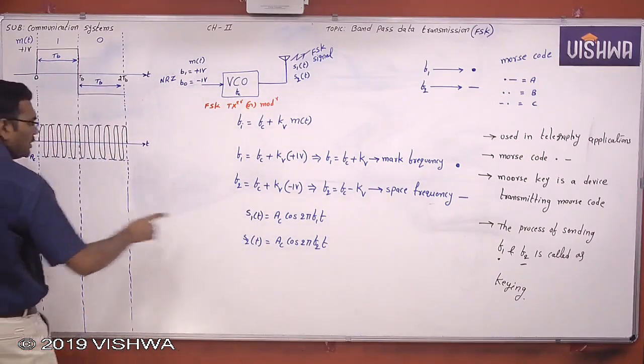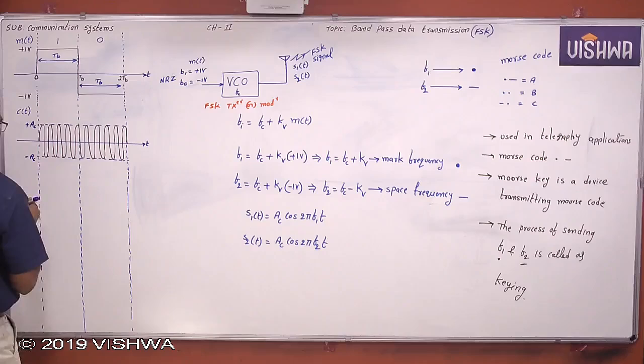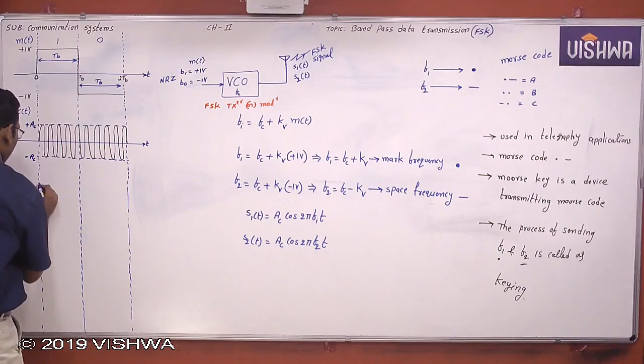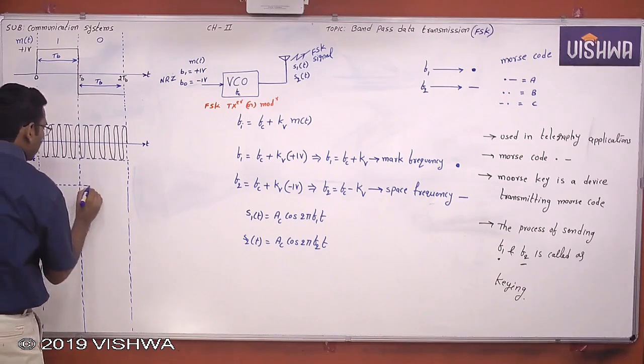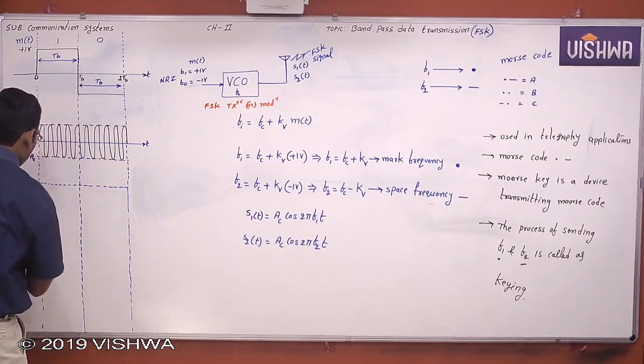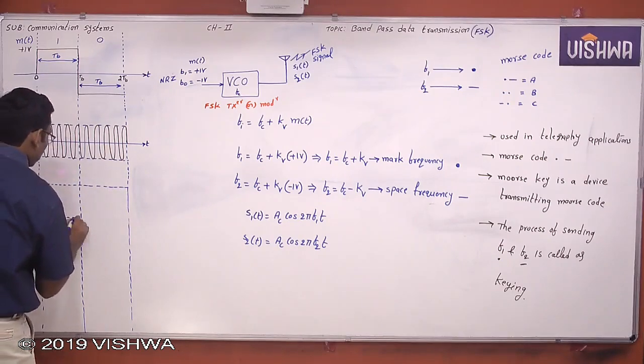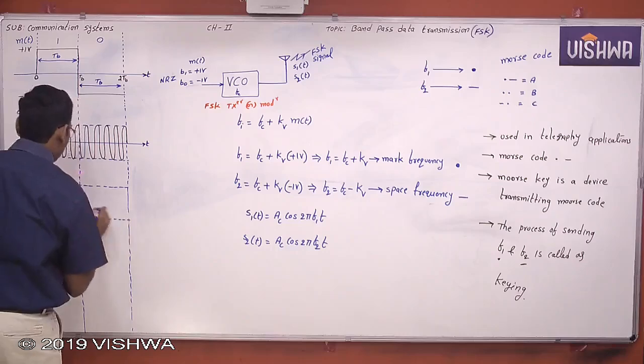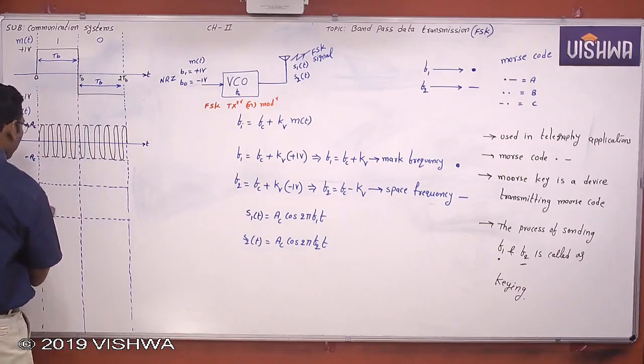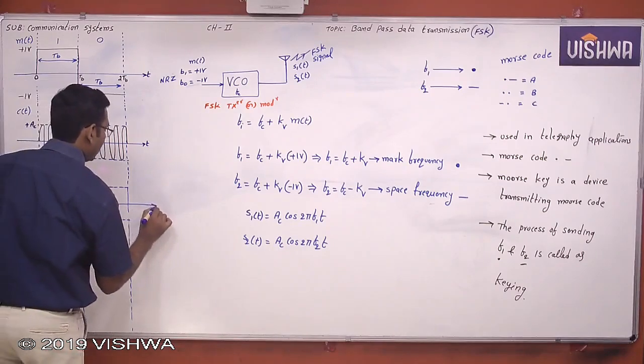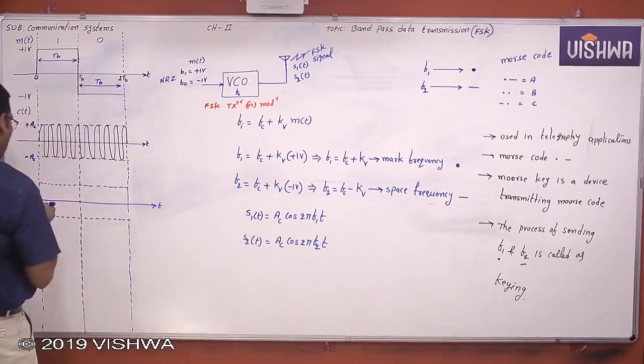There is no change in amplitude, and no change in phase. There is only a change in frequency. For binary 1 it is the mark frequency, meaning the high frequency.